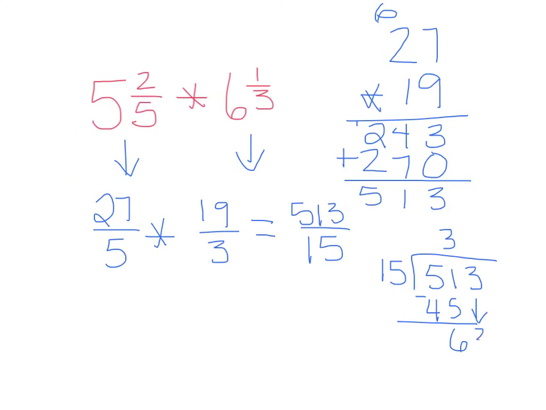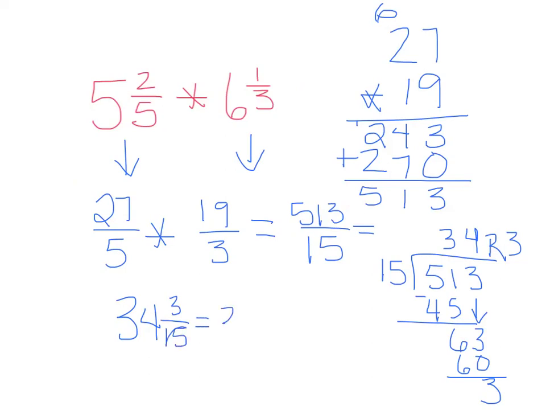How many times will 15 go into 63? Well, it'll go in 4 times. 15 times 4 is 60. So I have a remainder of 3. So then this equals 34 3/15. Okay, and that's the same thing as 34 1/5.